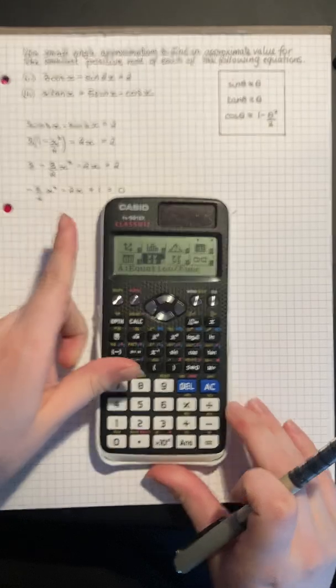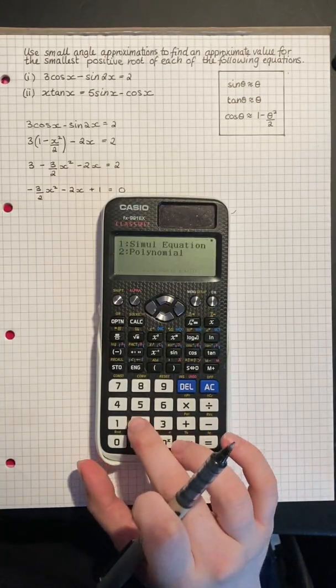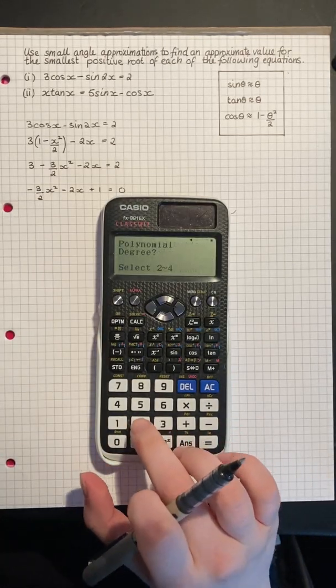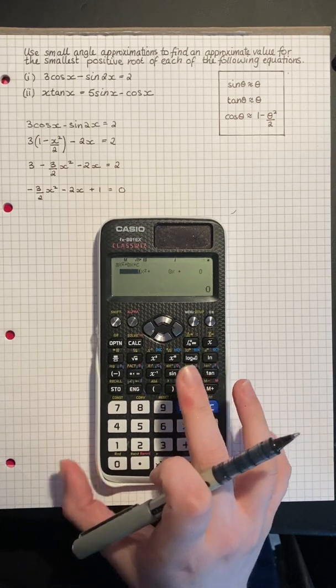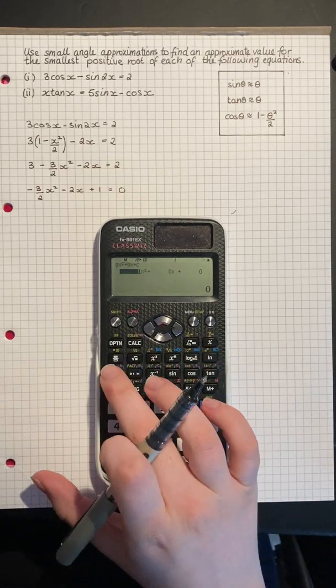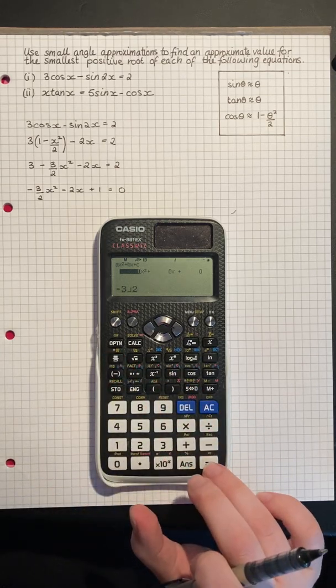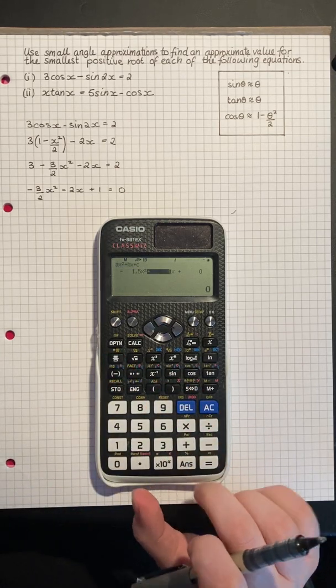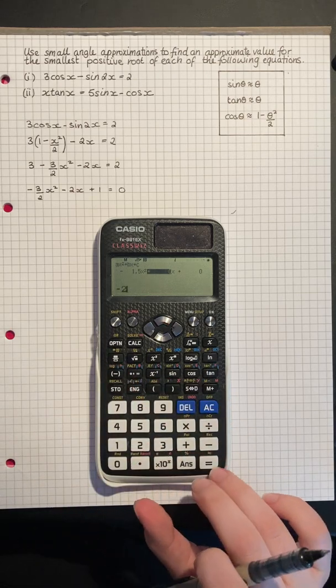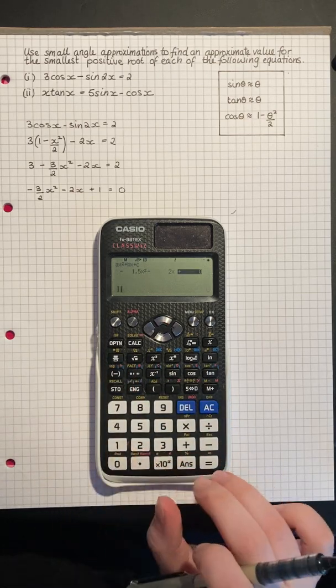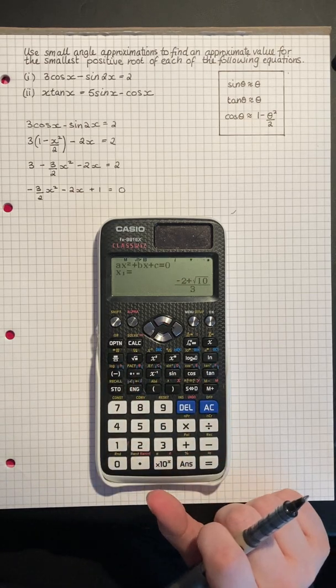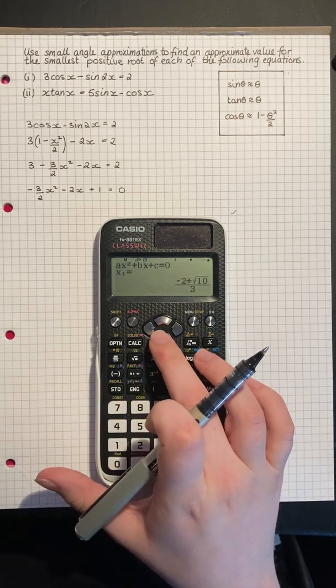So if I go to equation mode there, polynomial, and it's degree 2 because it's quadratic, then I want to type in here negative 3 over 2 for the coefficient of x squared. I've got negative 2 coefficient of x, and I've got 1 there, and if I press equals it will give me the two solutions there.